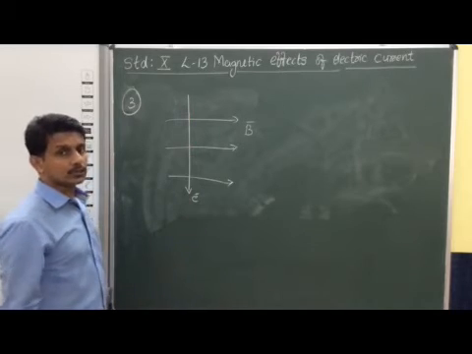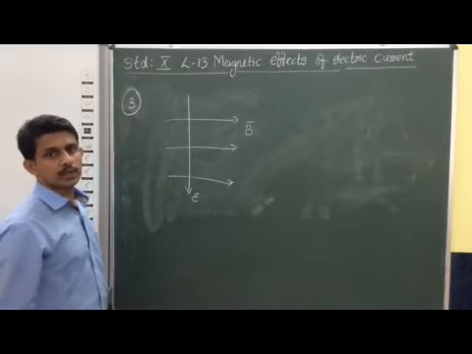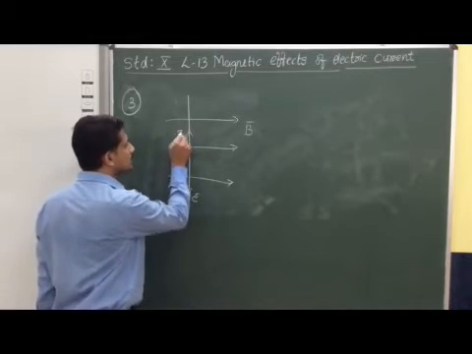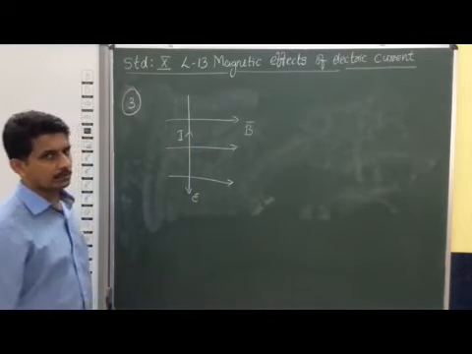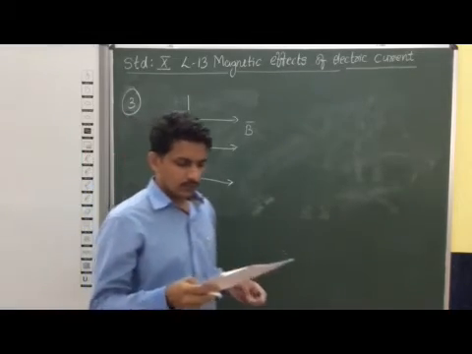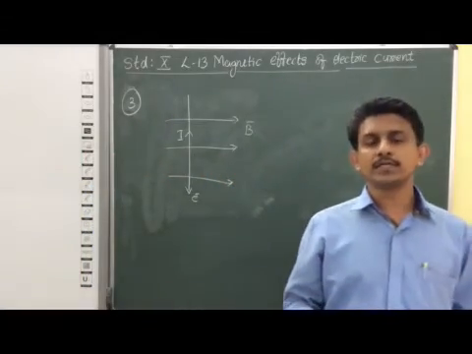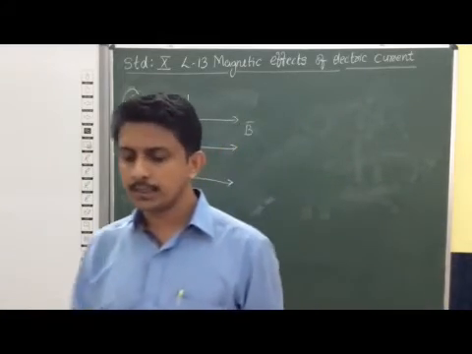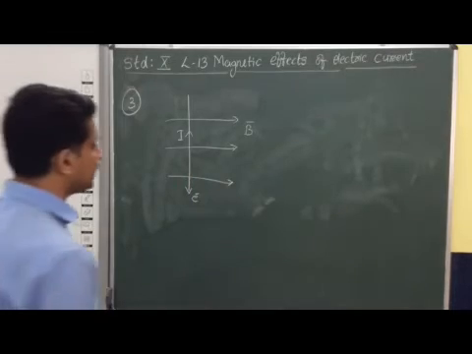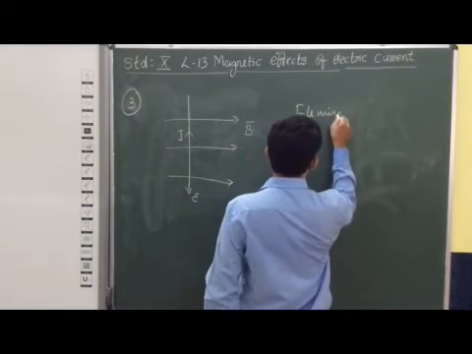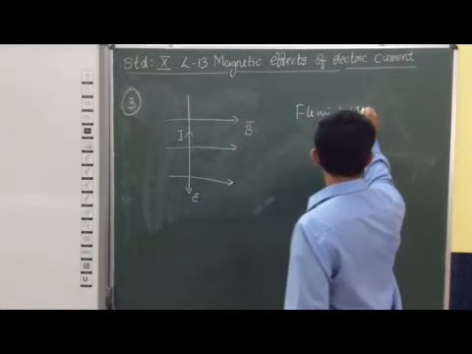We know the direction of a current is always opposite to the direction of electron flow. So current flow is in the opposite direction of the electron flow, that is in the upward direction. We want to find the direction of the force experienced by the electron, which we can determine with the help of Fleming's left hand rule.